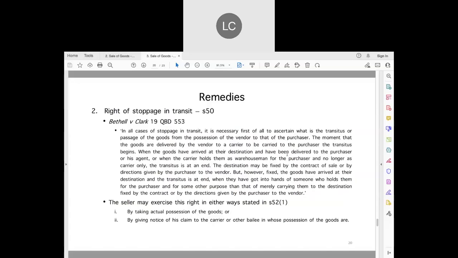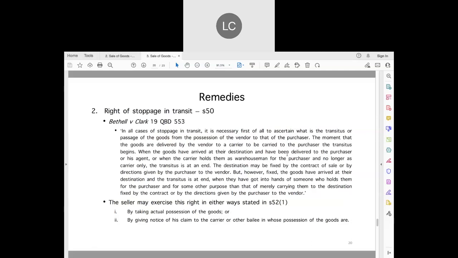Section 51 sub 1 says that when the buyer or his agent on behalf of the buyer takes delivery of the goods from the carrier or other bailee. 51.2 says that when the buyer or his agent on behalf of the buyer obtains delivery of the goods before their arrival at the appointed destination.